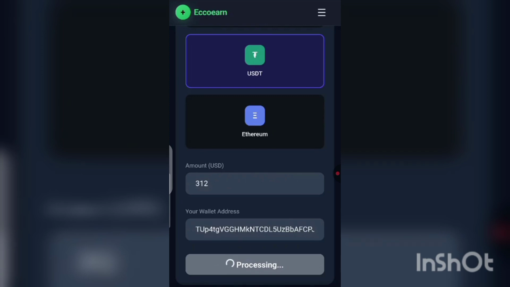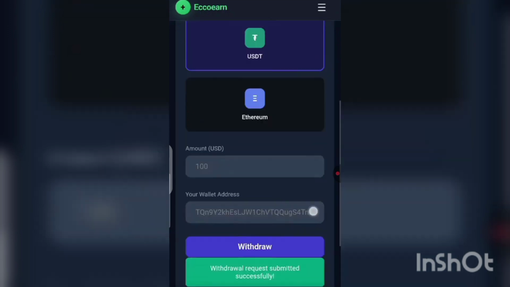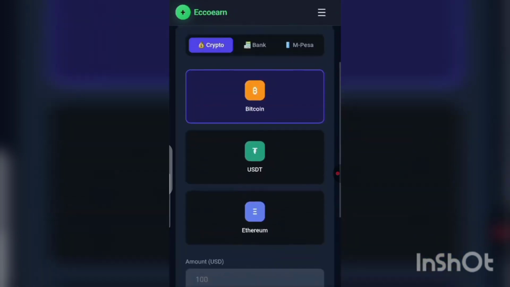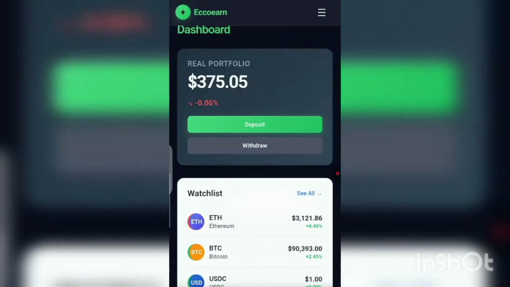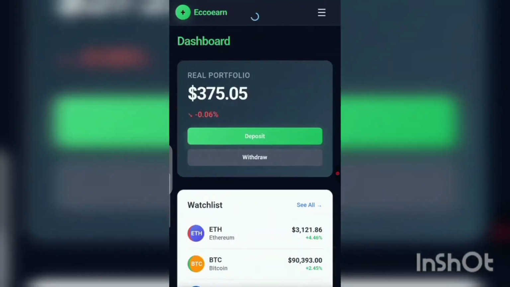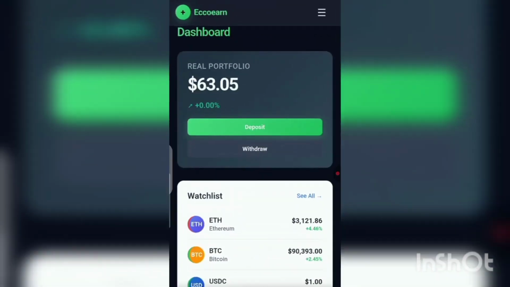I'm making a withdrawal right now. You can see it's processing. Withdrawal request confirmed. You can see the money has gone out of my account, and I now have 63 left in my account.